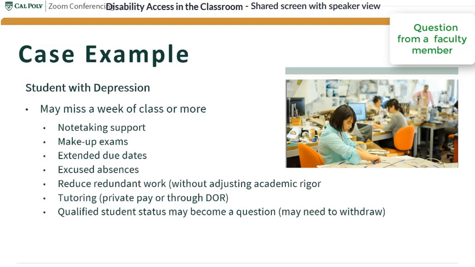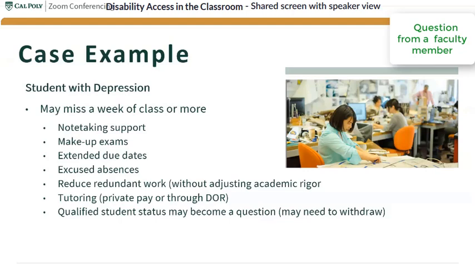I was thinking about students who have, for instance, severe depression. And I was trying to think through what all of our various roles are. My concern is, how do we all coordinate so that a student doesn't slip through the cracks?